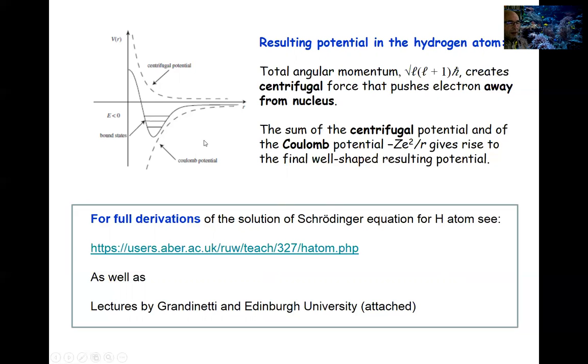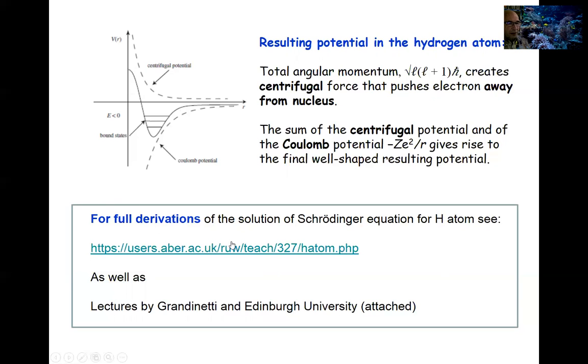When we sum them up, the potential of this electron in the atom has this form here. In this potential, we have these states, which are bound states of the electron inside the atom. This is a general picture of what's going on if you take into account both the Coulomb interaction and the orbital motion of the electron, and the fact that it experiences a centrifugal force. Okay, so these are qualitative views on what is going on.